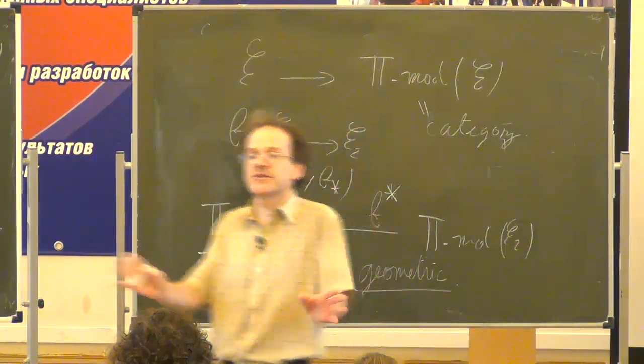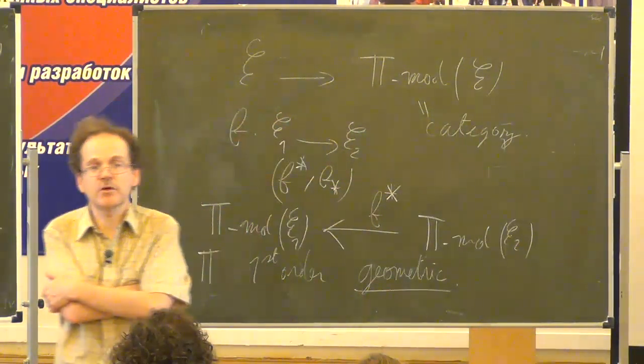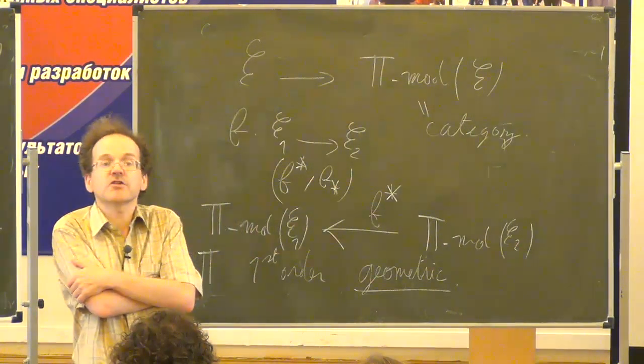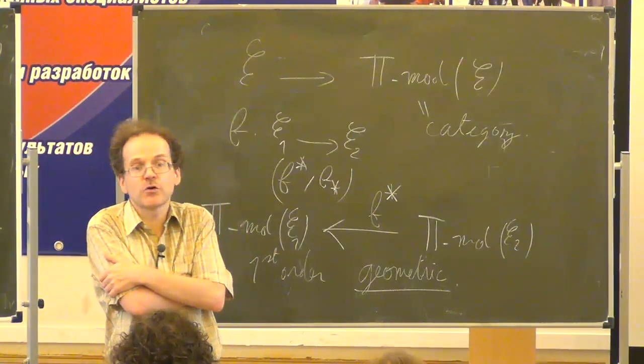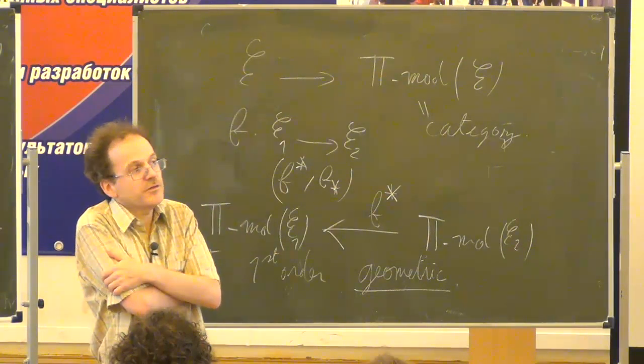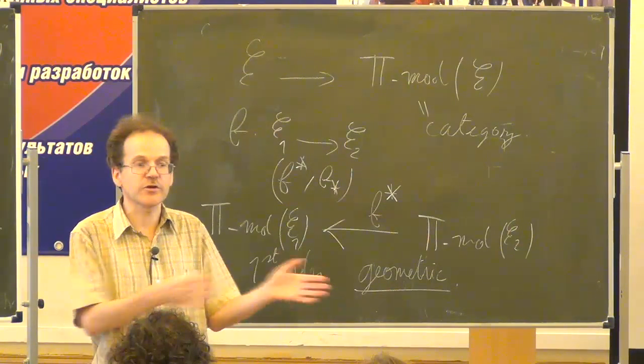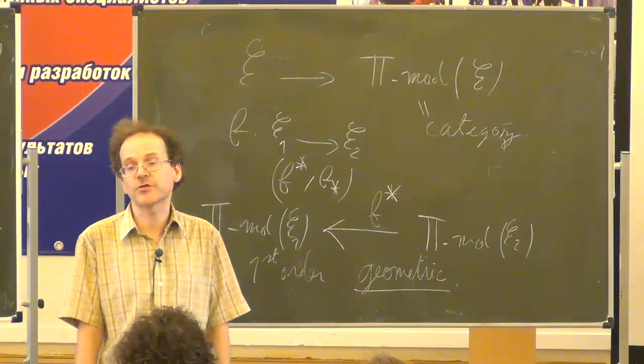Okay? But I immediately tell you that, for instance, algebraic theories are geometric. All algebraic theories are geometric. And in fact, also, for instance, if you think about theories which are expressed in terms of order relations and things like that, they are also geometric.